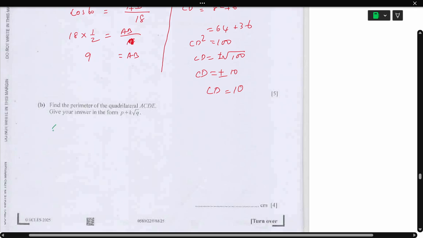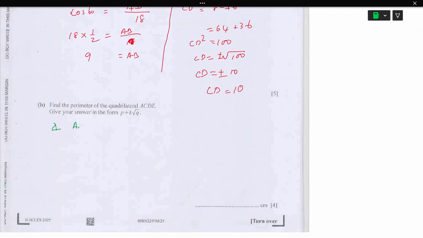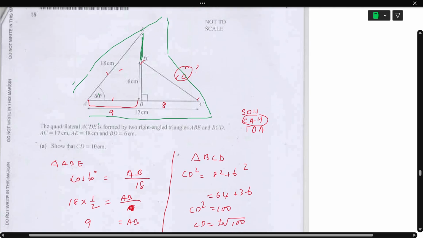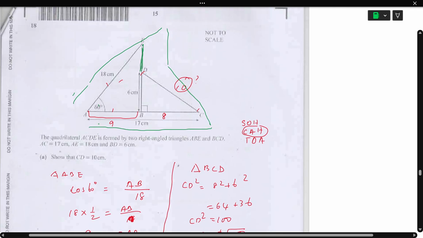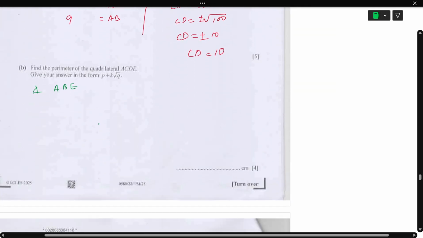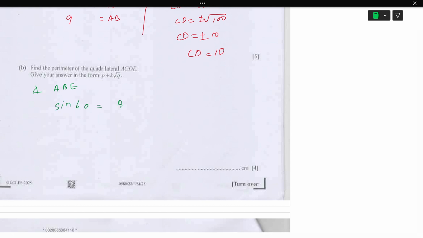This time I don't want the adjacent, I want the opposite, so I'll choose sine 60. Sine 60 equals BE, the opposite side, over the hypotenuse, 18.